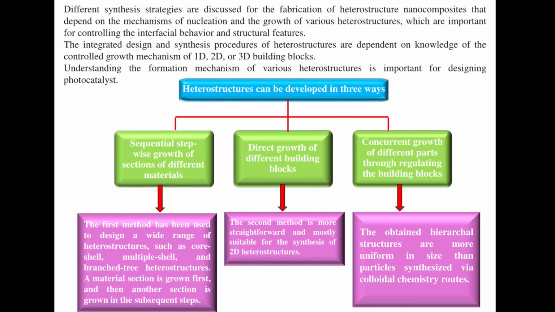Another way to develop these structures is direct growth of different building blocks. We can directly grow them, nucleate them, and it's a very simple, straightforward method, usually used to fabricate 2D nanomaterials and 2D heterostructures. The third one is concurrent growth of different parts through regulating the building blocks.